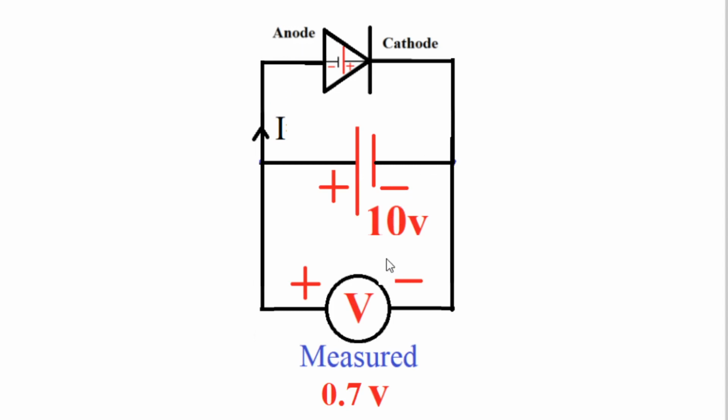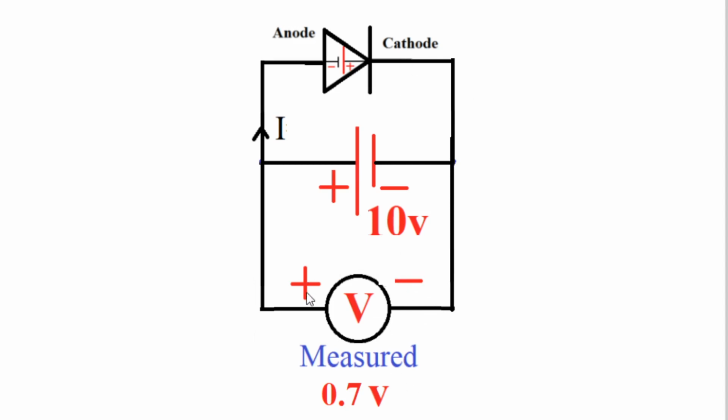And now, to confuse you people, we have taken a voltmeter and connected it to the battery such that the positive of the voltmeter goes to the positive of the battery, which is also going to the anode of the diode, and the negative of the voltmeter goes to the negative of the battery, which is also going to the cathode of the diode.